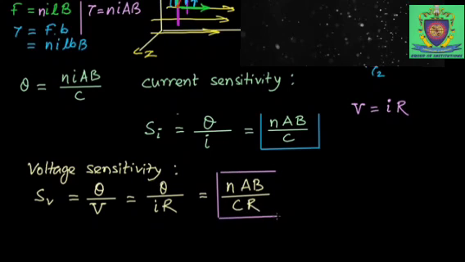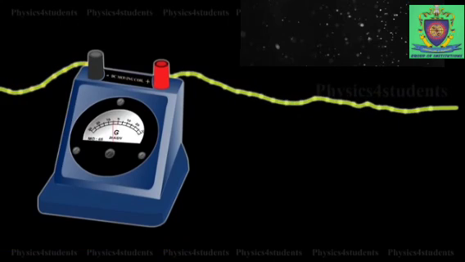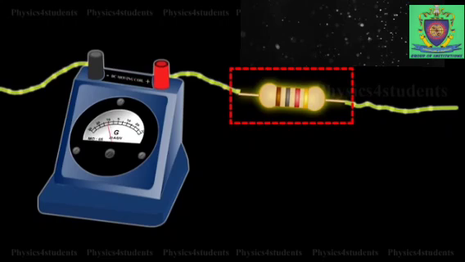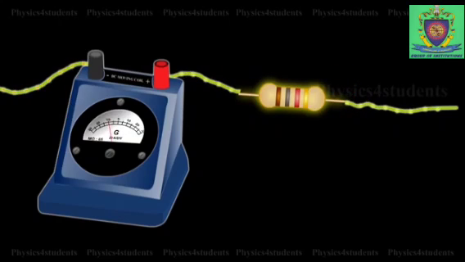Now theta by I is what I got above, that is NAB divided by C. Theta by I I already got, so I substituted that value. Now what remains is R. So NAB divided by CR. This is the expression for the voltage sensitivity. Again it is directly proportional to the same things and inversely proportional to the resistance. Now this is about the voltage sensitivity.